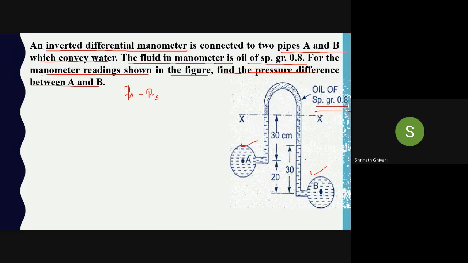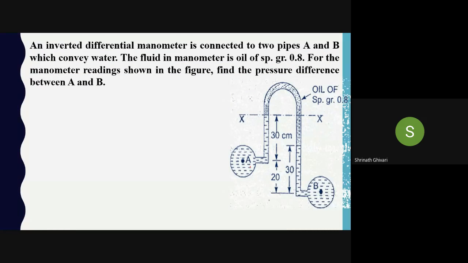Why is it so? We are measuring the low pressure difference over here. Therefore, we are taking a lighter liquid as the manometer liquid compared to the fluid flowing through the pipe. Very good.